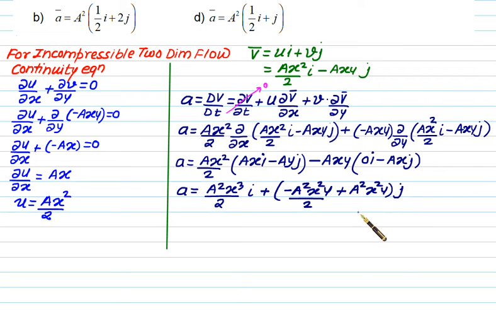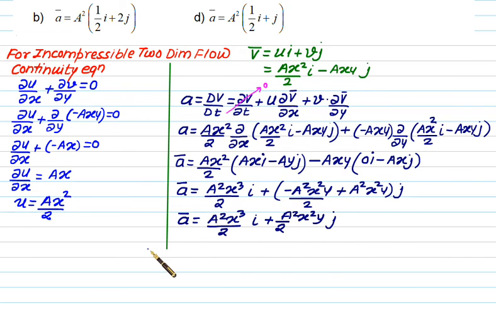So finally we have a equal to a square x cube by 2 i. Both these values are identical here. This coefficient is 1, so we will get here plus 1 by 2 a square y times j. So this one is our acceleration vector.